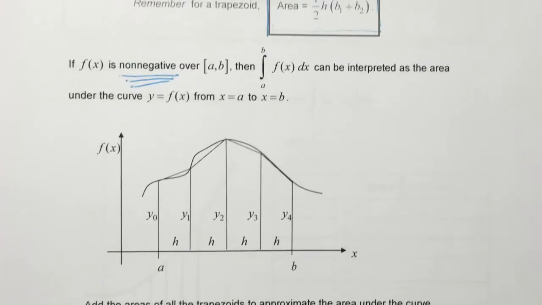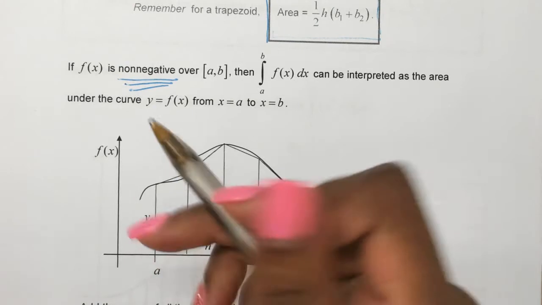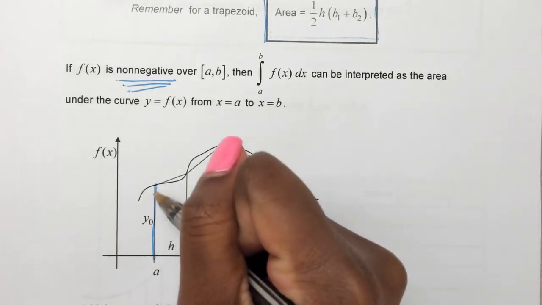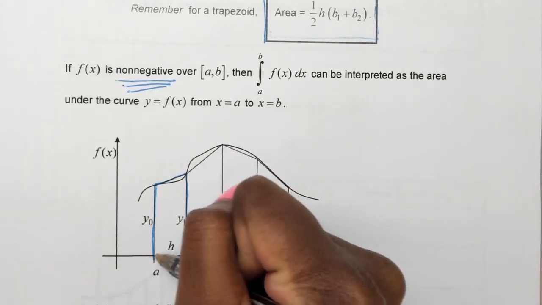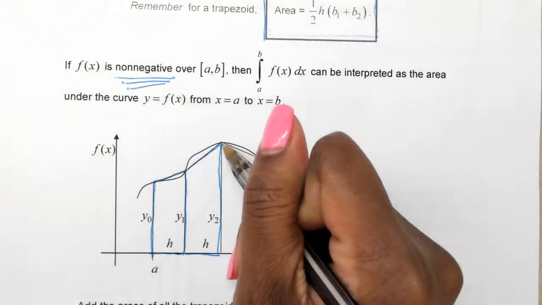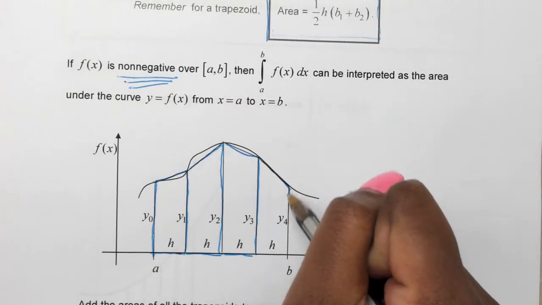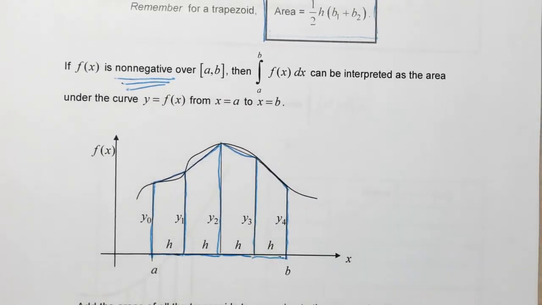If we look at this graph, each one of these is considered a trapezoid. A trapezoid is a quadrilateral with two parallel sides, which each one of these has.